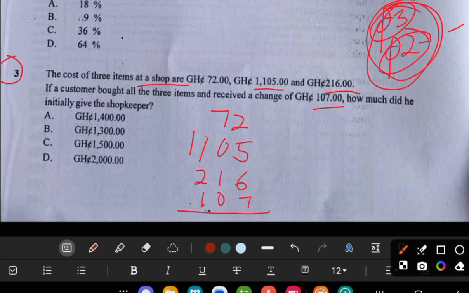So when we do our addition, we're going to have 7, 2 plus 5 is 7, plus 6 is 13, plus this is 20, so 0. Write that 2 here. 9, 10, 0. 1 here. 1 plus 1 is 2, 4, 5. Then 1 is here. The amount that was taken to the shop is 1,500 Ghana cedis. Number 3 is C.